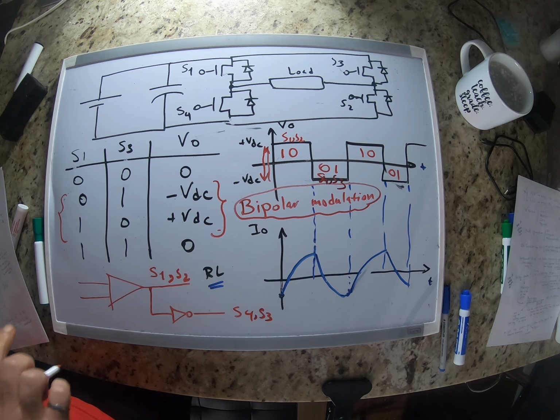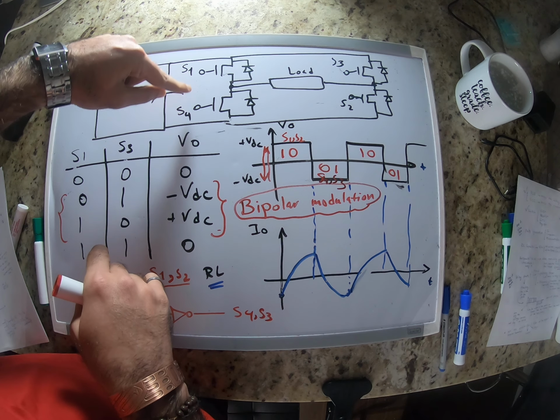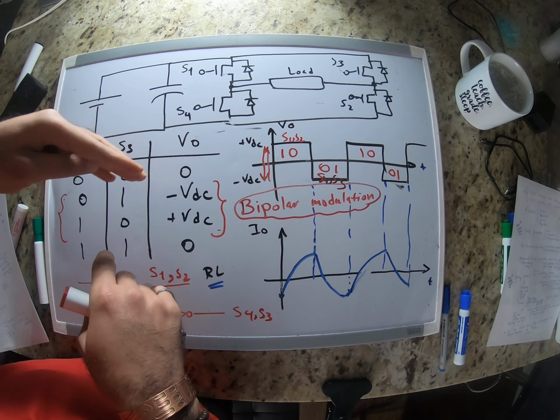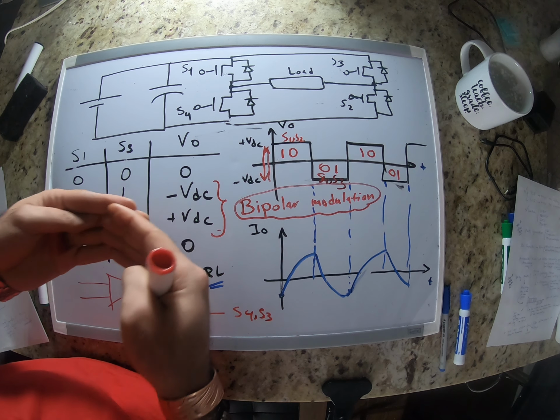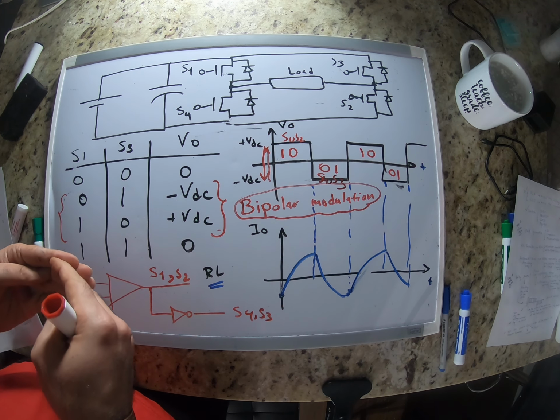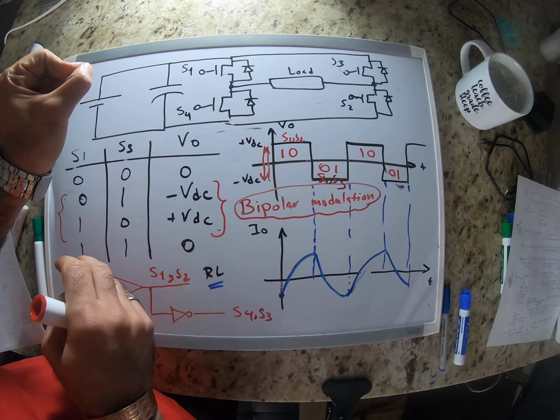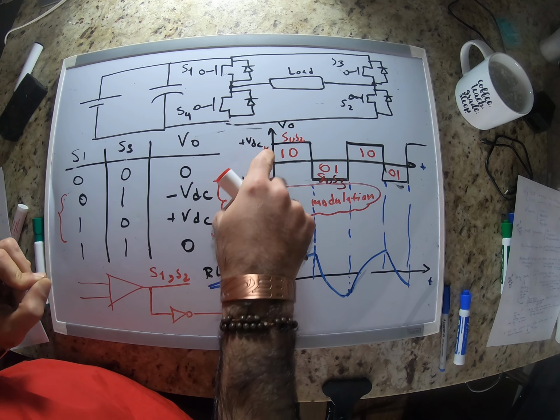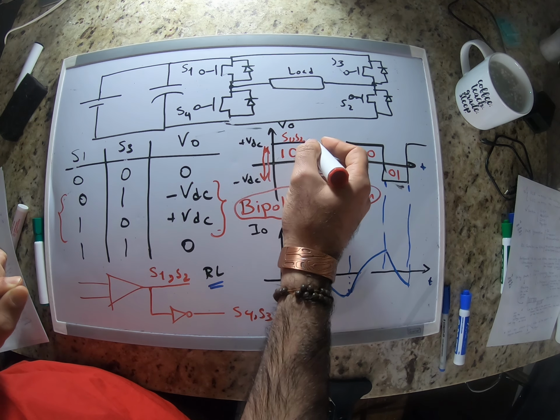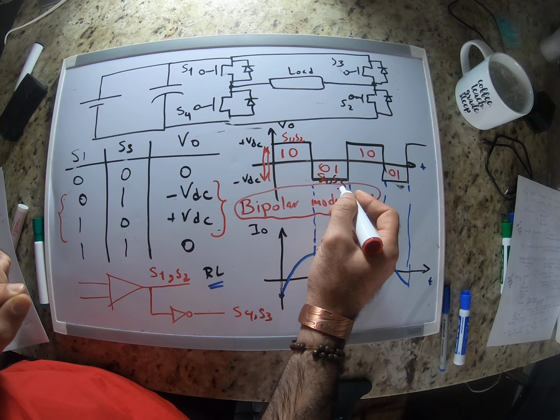You guys remember that to have the MOSFETs or IGBTs conduct, we have to provide a gate signal, a gate voltage, right? So we're applying the gate voltage for S1 and S2. Here we're applying it for S4 and S3.